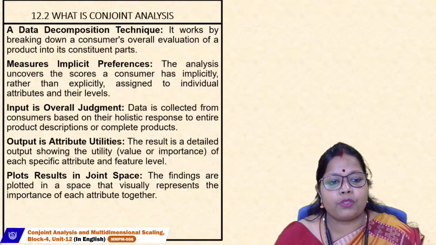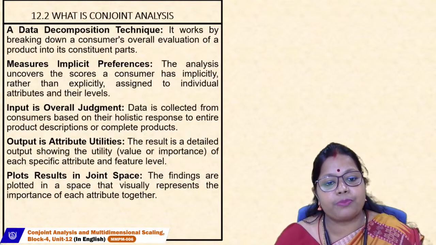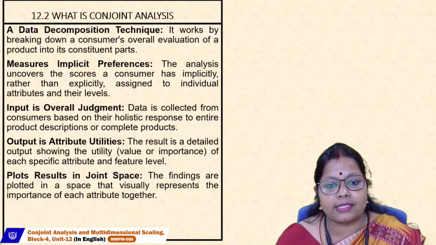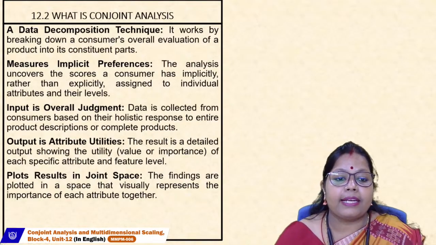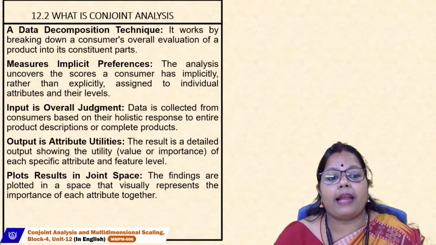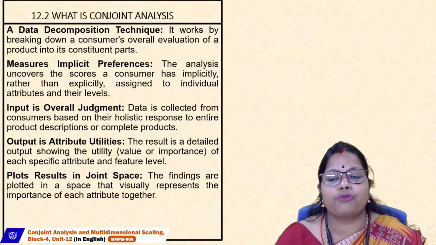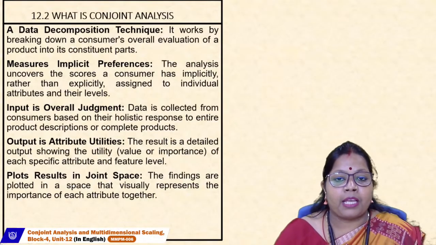And also it inputs an overall judgment. The data is collected from consumers based on their holistic responses to entire product descriptions or complete products, and on the basis of that we give our inputs for the overall judgment.